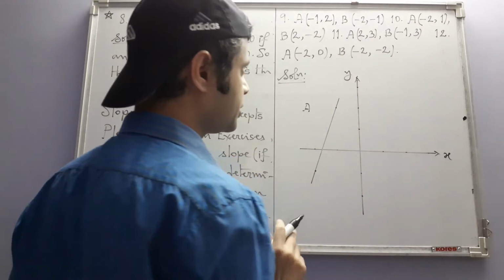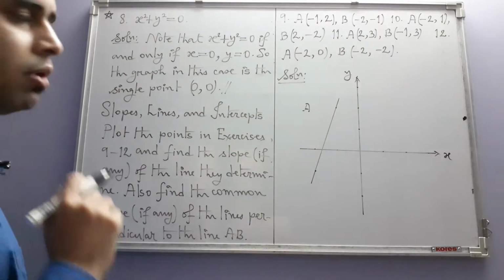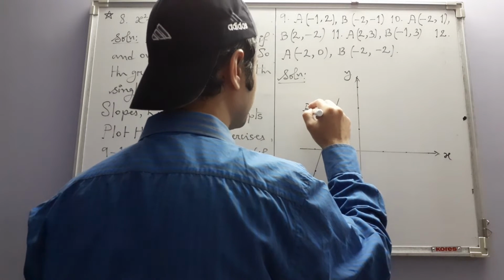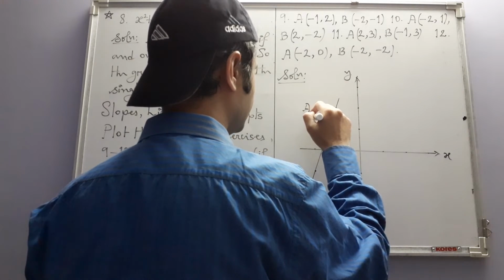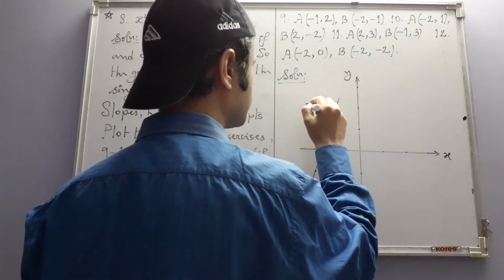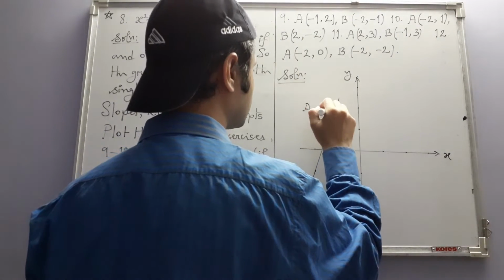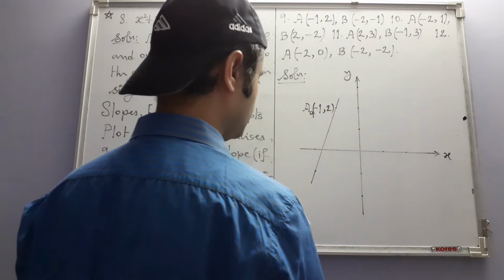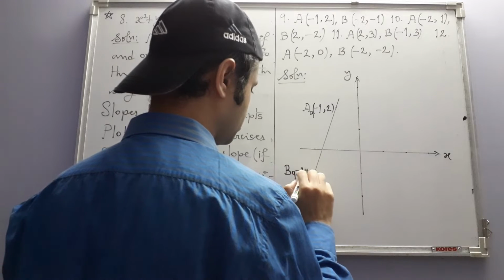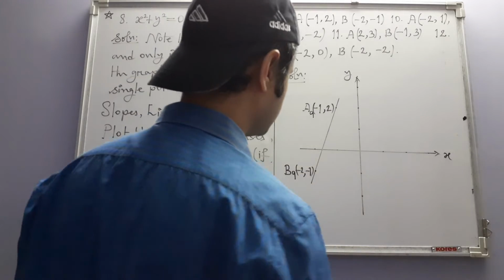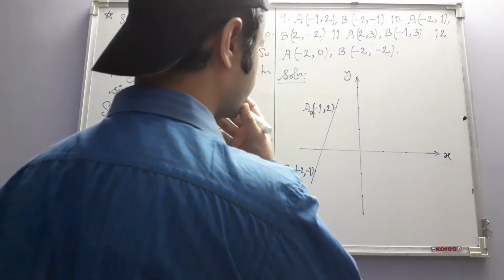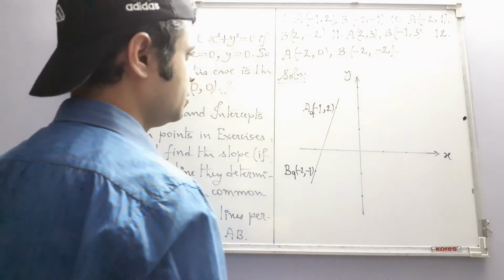To distinguish the points from one another, let's temporarily name this point A9. It belongs to the 9th exercise. And this is B9, -2, -1.